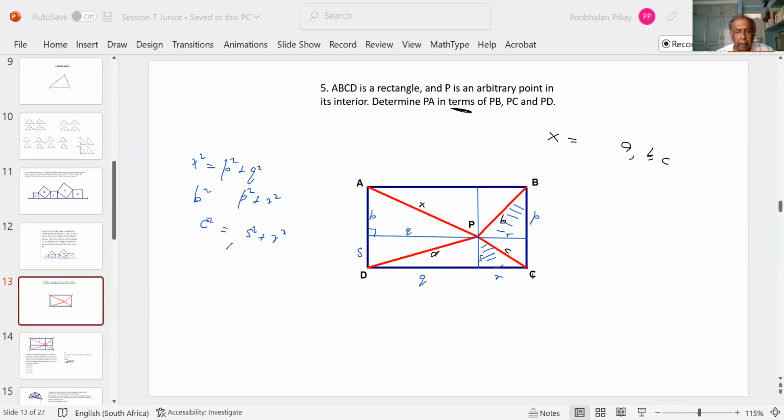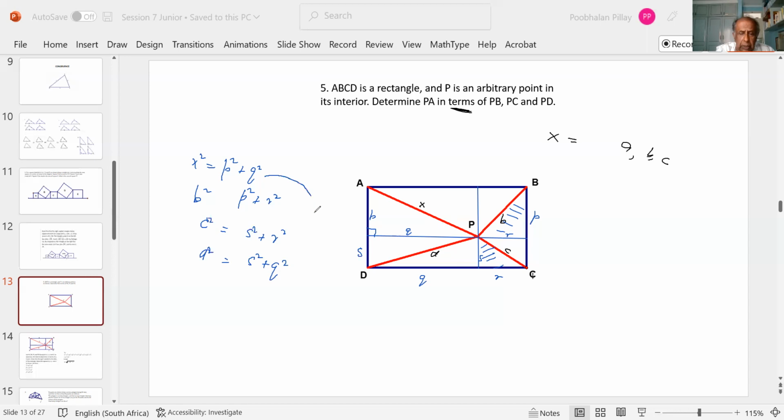And then finally, you've got D squared. D squared is equal to S squared plus Q squared. And so now you've got four equations, lots and lots of unknowns. And it's quite frightening.